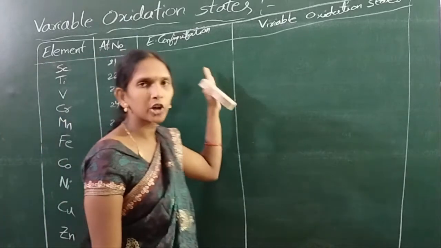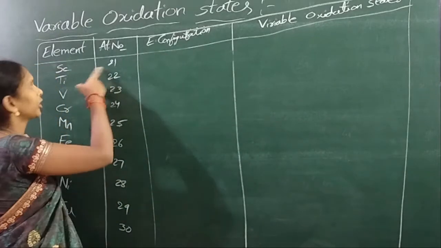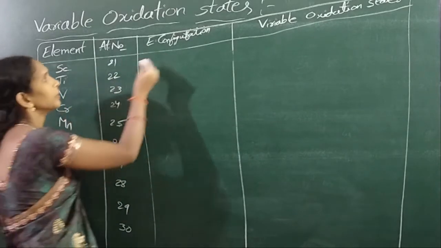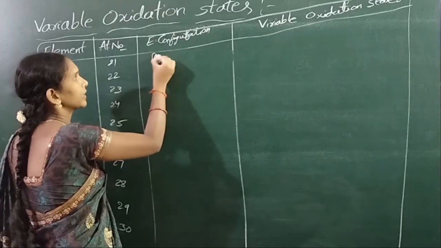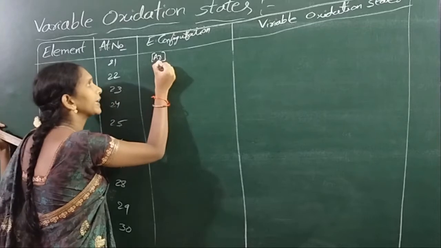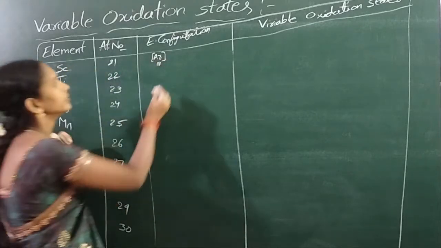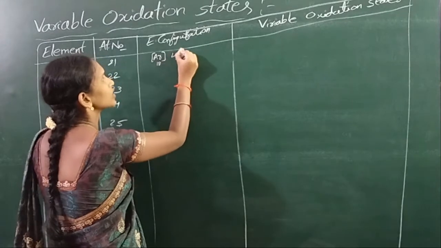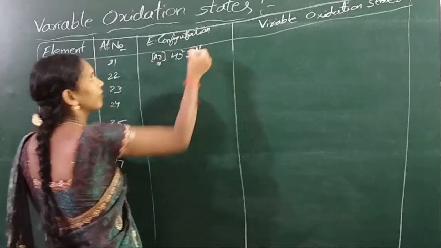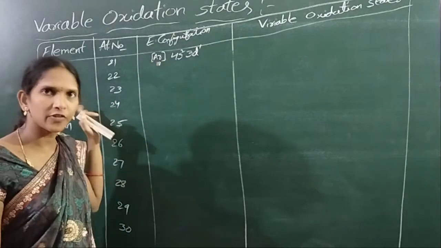Next, electronic configuration. The electronic configuration of scandium is, I write in shortcut, argon, meaning 18 electrons are completed, remaining 3: 4s2 3d1. We already discussed electronic configuration of elements.